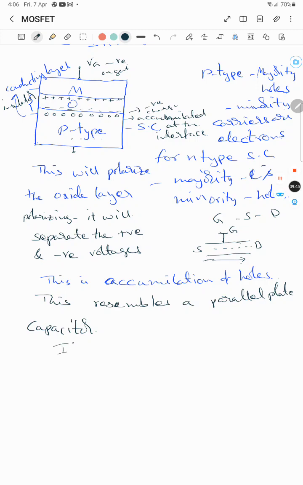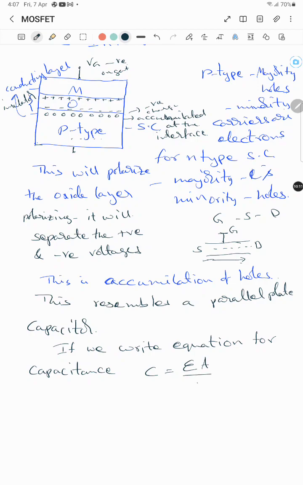The equation for capacitance of a parallel plate capacitor is C equals epsilon A by D. A is the cross-section area, D is the distance between the parallel plates, and epsilon is the permittivity of the material used as the insulator.